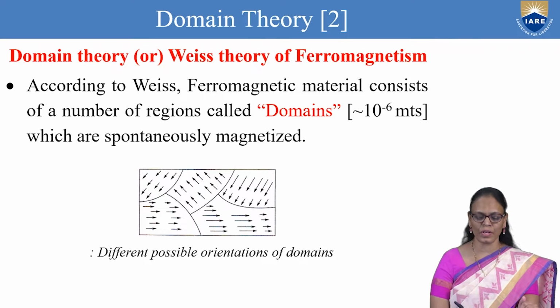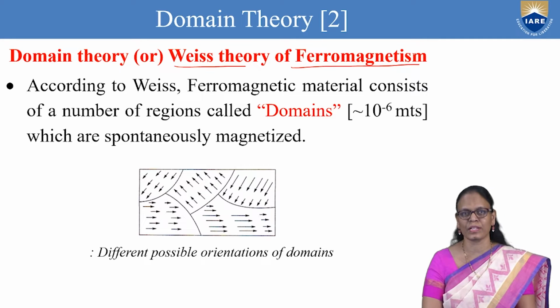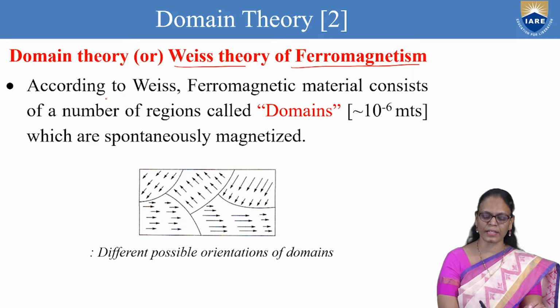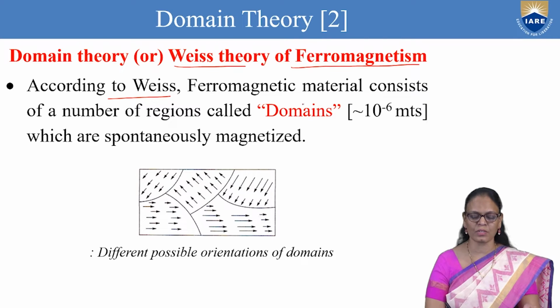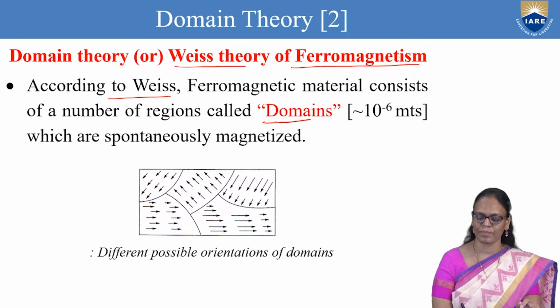It is also known as Weiss theory of magnetism, after the name of the scientist Weiss. So it is called domain theory or Weiss theory of ferromagnetism. According to Weiss, a ferromagnetic material consists of a large number of regions called domains.